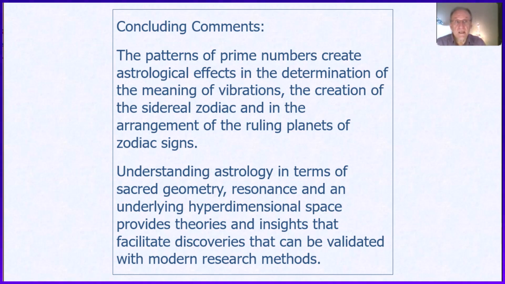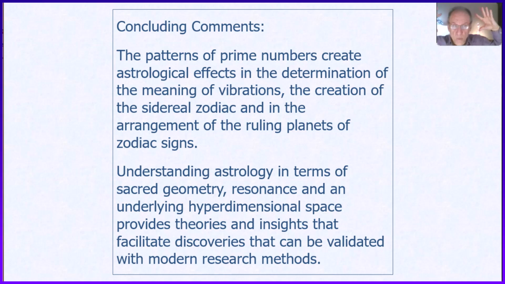And that is the most exciting part of this, is using modern research methods, even a strict hypothesis test, as we did in the research on bipolar disorder, and getting high confidence levels that these things actually exist.